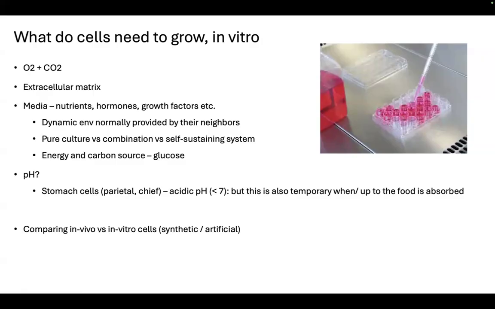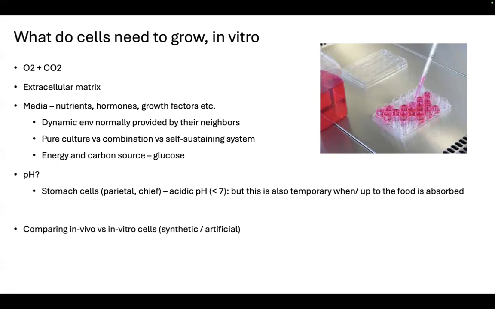Cell type B releases one of the things which you would have ordinarily given if you were just growing cell type A. Externally you would have given it to A, but now that A and B are together, B is already providing it. So that helps. But then of course the complexity comes that B needs something else. You need to provide that.